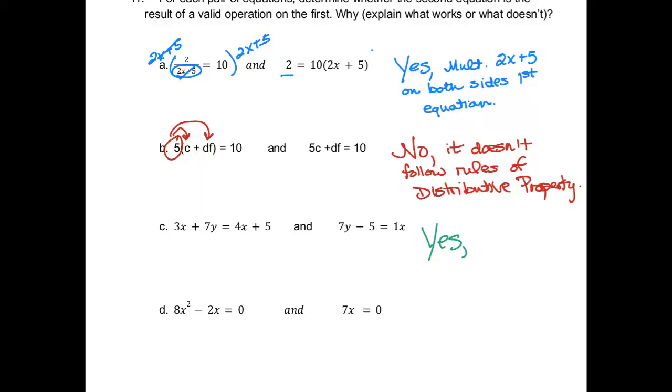So if we try to get it like that, we would subtract 5 and subtract 5 over here. I'm just looking at what they did. That doesn't have to be your first move. 5s would cancel out. You have 3x plus 7y minus 5 equals 4x.